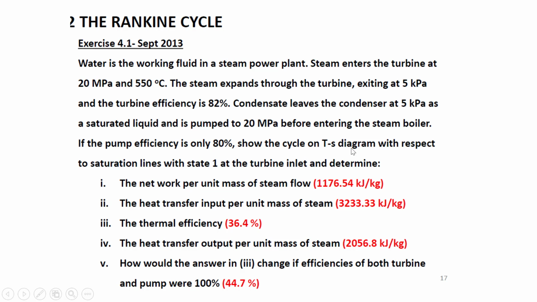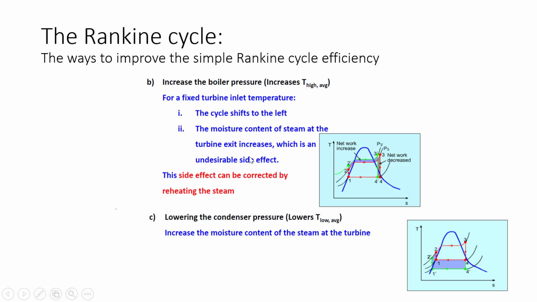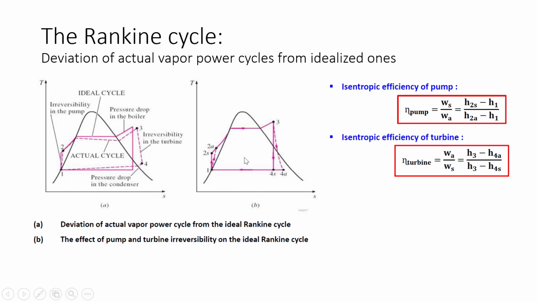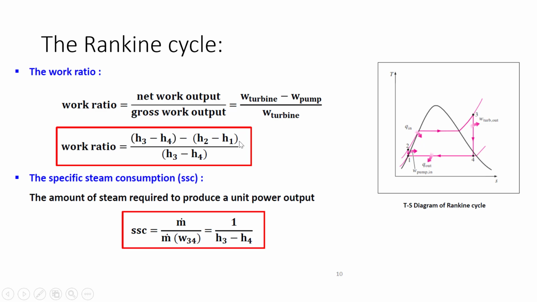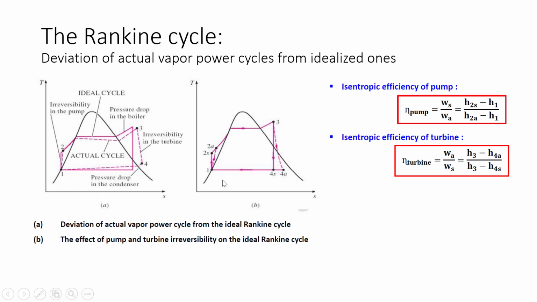Okay, show the TS diagram with respect to saturation line with state 1 at the turbine inlet. Okay, kat sini dikata state 1 tu adalah dekat turbine inlet. So, maksud dia point 3 kat sini jadi 1 lah. Sini jadi 2, sini jadi 3, sini jadi 4.